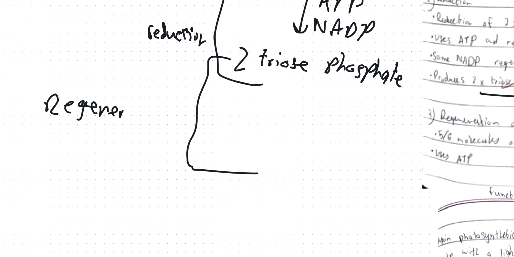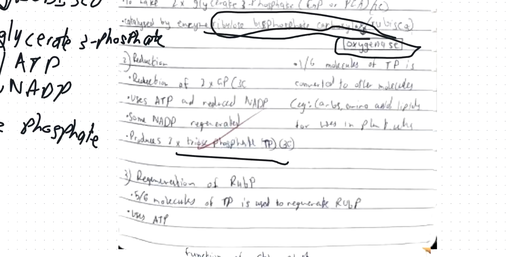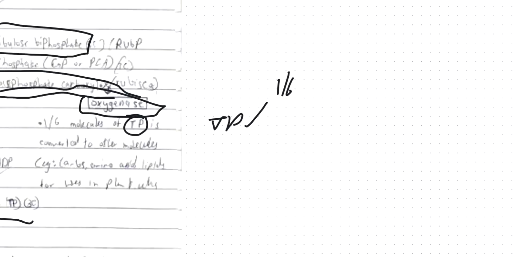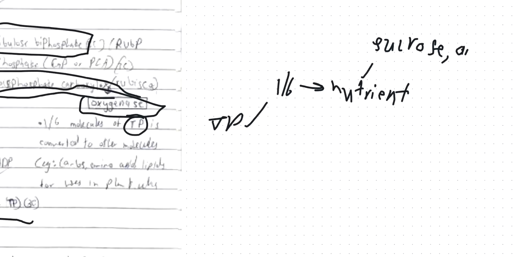So what is regeneration? Regeneration is basically when 1/6 of this triose phosphate, TP, is converted to carbohydrates, basically sugars. So 1/6 is converted into nutrients. What types of nutrients? You will make sucrose, amino acids, and lipids.